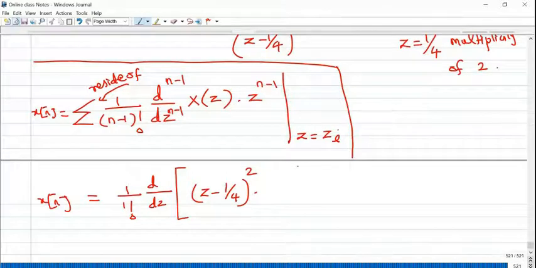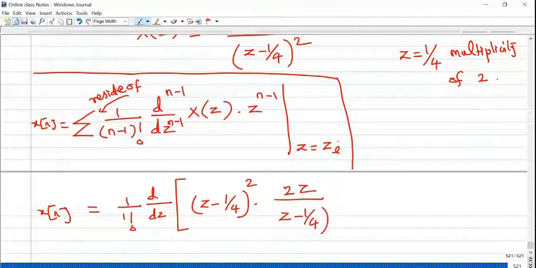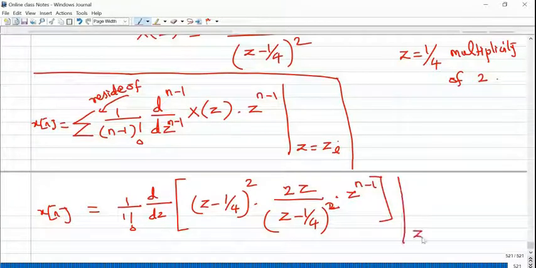What is x of z given? 2z divided by (z minus 1 by 4) square, multiplied with z power n minus 1. Finally, replace z equal to 1 by 4.